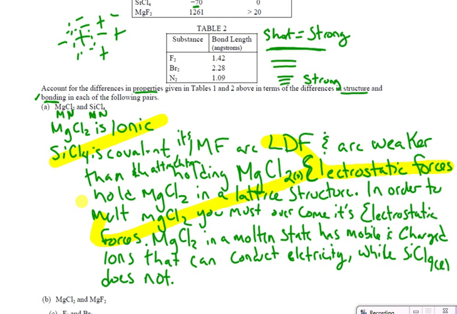So that would be like this whole paragraph here. Lastly, the third point comes from pointing out that magnesium chloride has mobile and charged ions that can conduct electricity, and silicon tetrachloride does not.